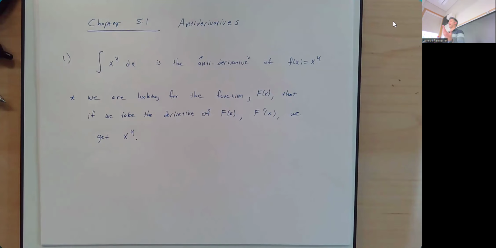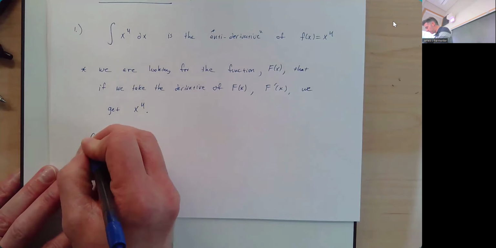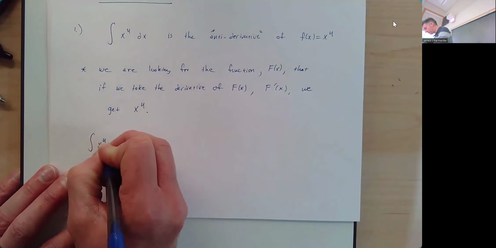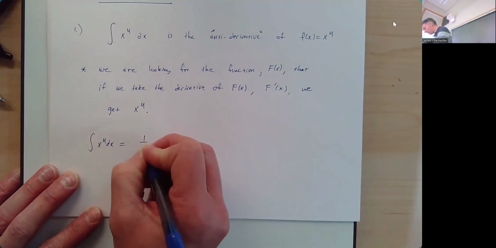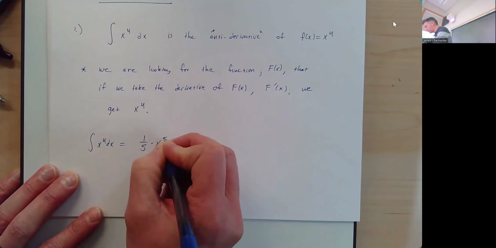We are looking for the function that if we take the derivative of it, we get x to the fourth. So we're going to be undoing the power rule here. I know that the derivative of x to the fifth is 5x to the fourth. I don't really want that 5 though. So the answer I actually want is that the antiderivative of x to the fourth is 1/5 times x to the fifth.